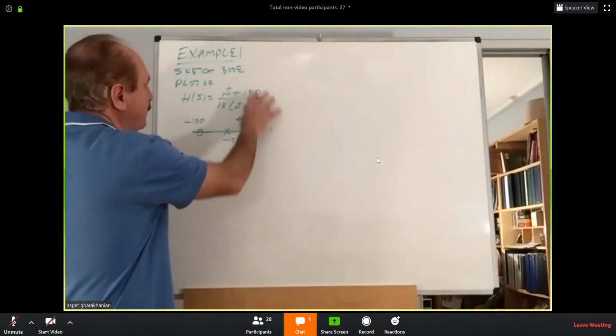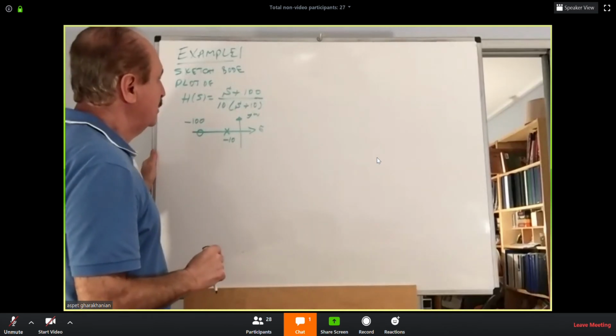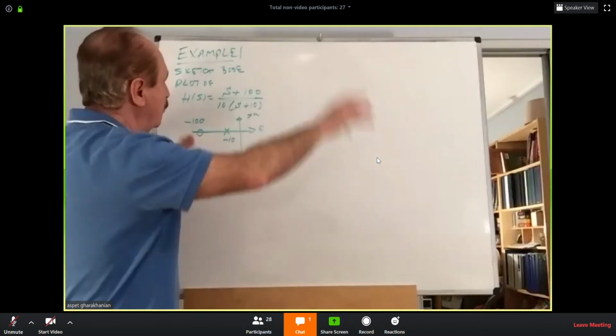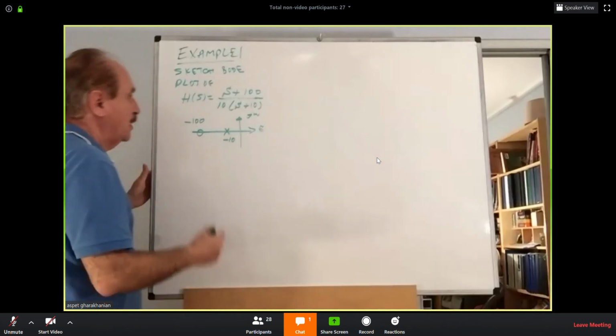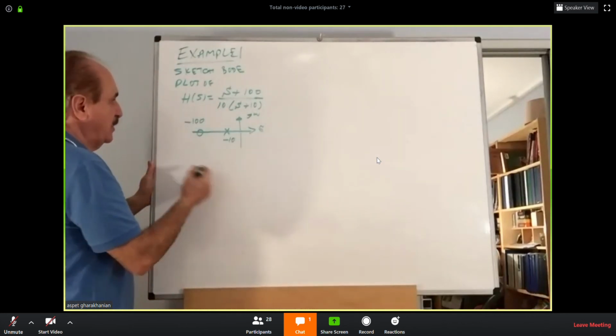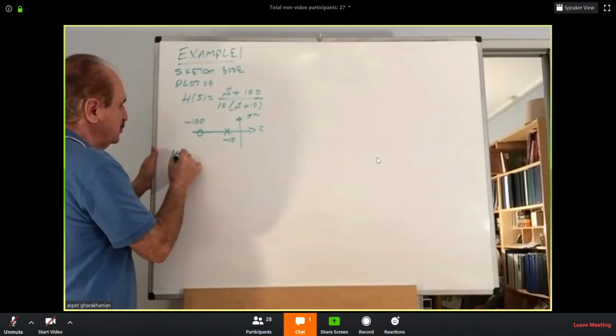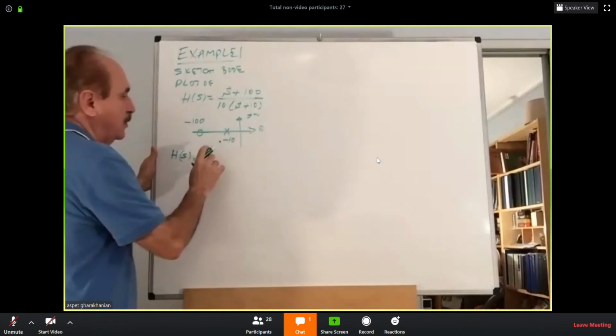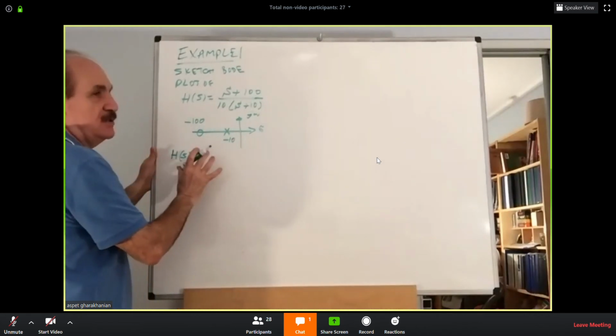Okay, so we have a transfer function. We wish to get the complete overall response. So convert H(s) into two simple, standard transfer functions.